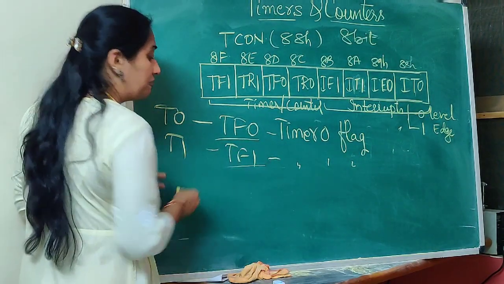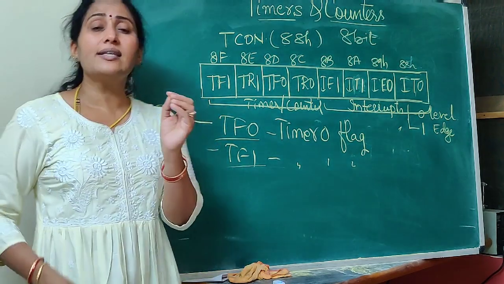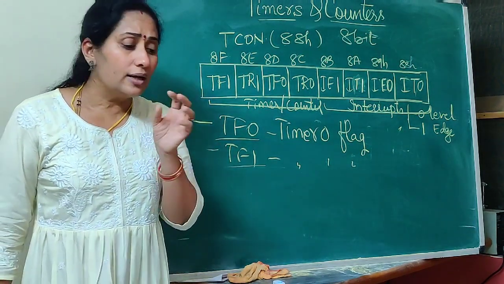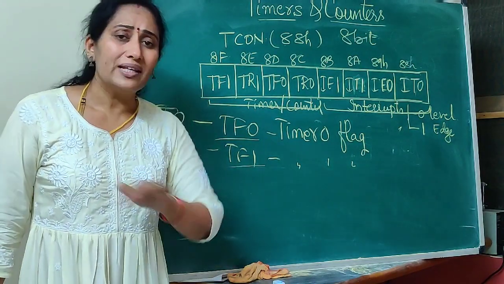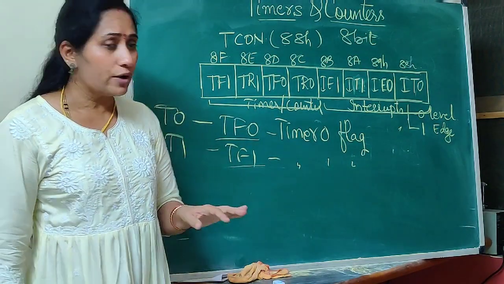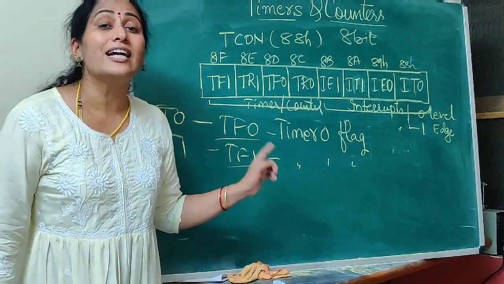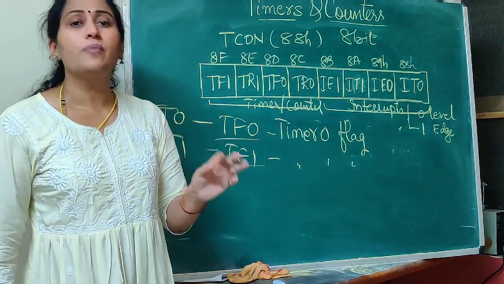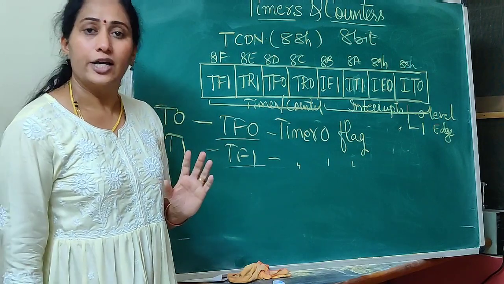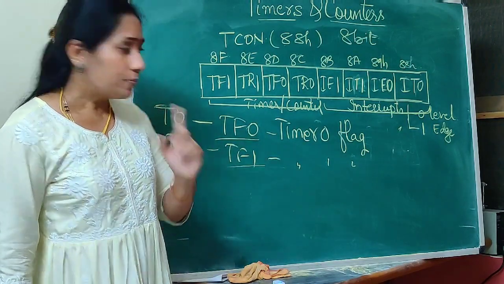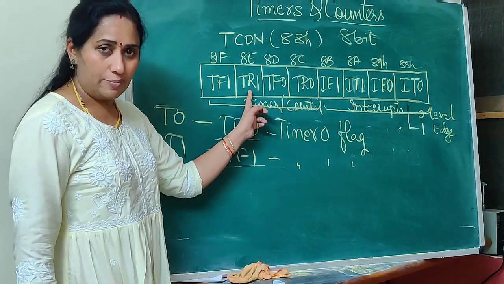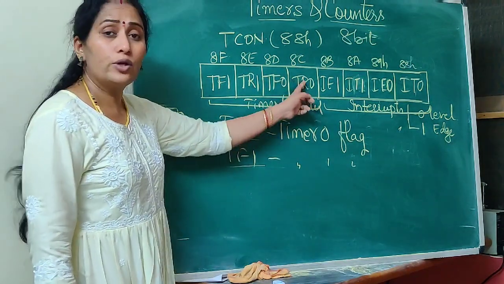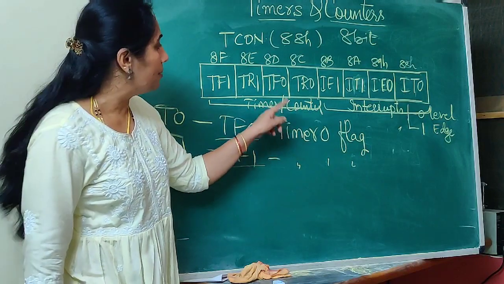So these are the flags whose status is going to say whether the timer operation or the counter operation is in process or whether it has finished. It is going to be set by the processor, but it should be cleared by the programmer. So TR0 and TR1, the timer run bits, are used to start the timer and to stop the timer.